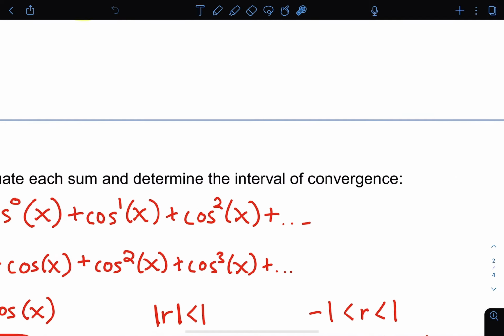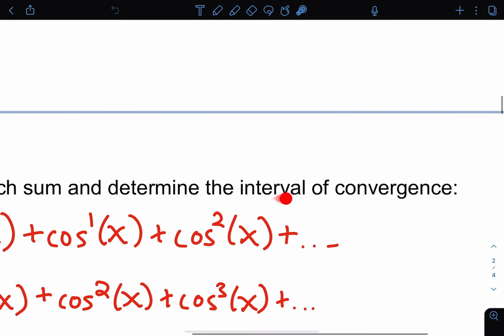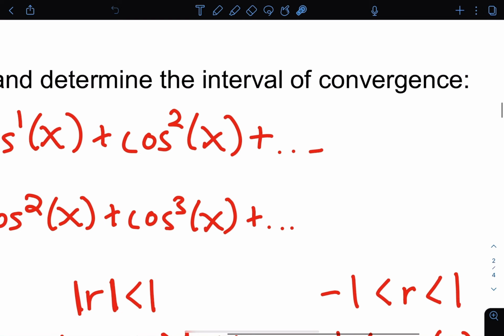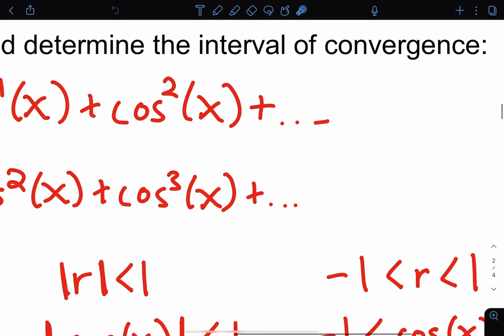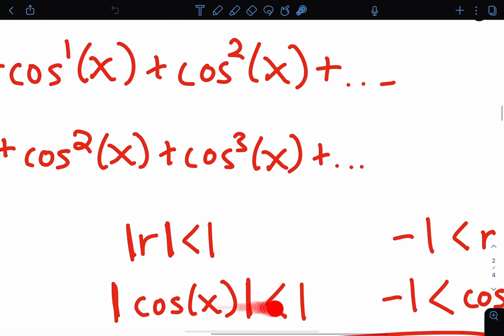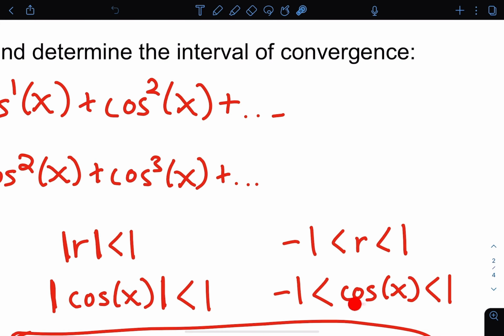But we are asked to determine the interval of convergence, and so we take it back to any geometric series. Absolute value of r must be less than 1, which means r must be between -1 and +1. Our r is cosine of x, so cosine must be between -1 and +1.